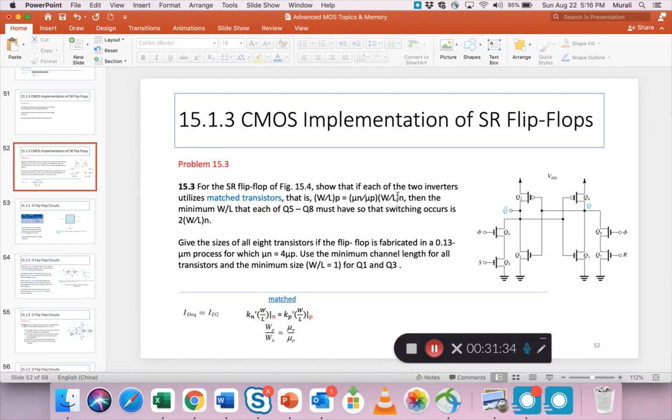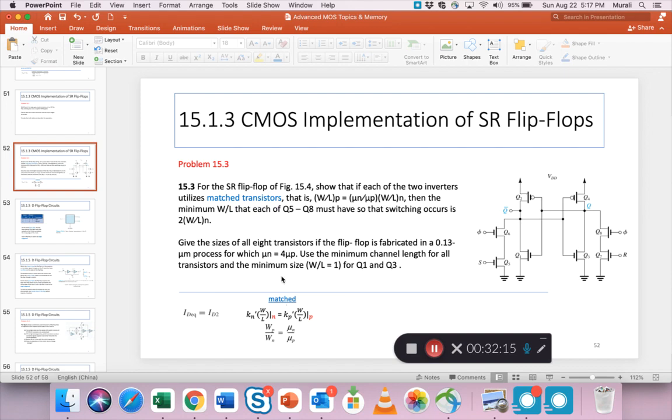So whatever is the W by L N used for the switching inverters, if you take that W by L N multiplied by 2, then the minimum W by L for 5, 6, 7, 8 is twice this W by L N. Okay, so we have to prove that condition, and if you go and look at some of the examples we have seen already, you will find that it satisfies that condition. But here we have to prove it. Okay, so that's one part.